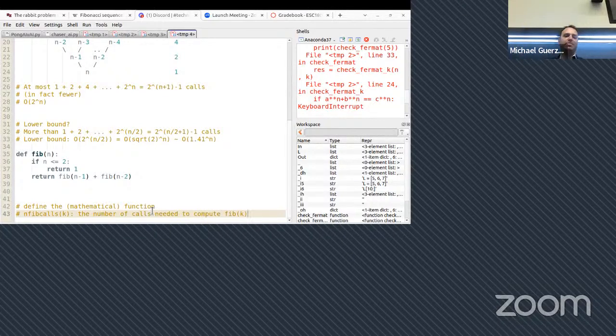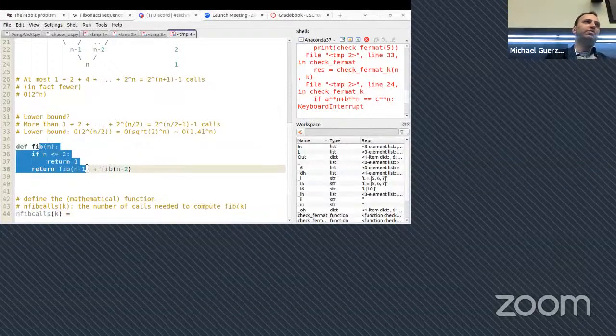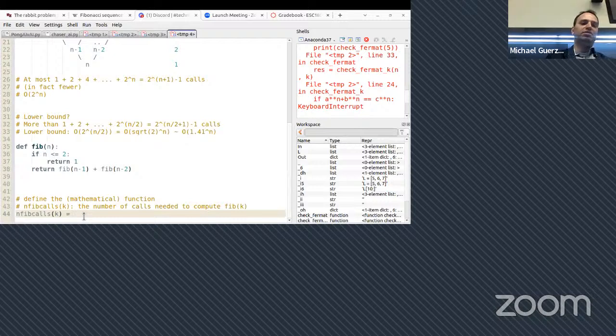That's just a mathematical function. And then I'm going to ask, what's n fib calls of k? In order to compute fib of k, I need the call itself, the fib of k call. So that's 1. And then I'll need to compute fib of k minus 1, and then fib of k minus 2.